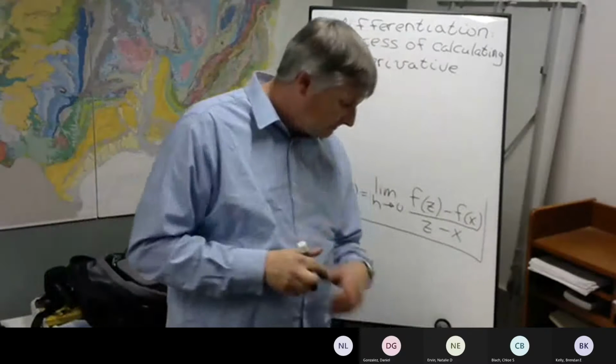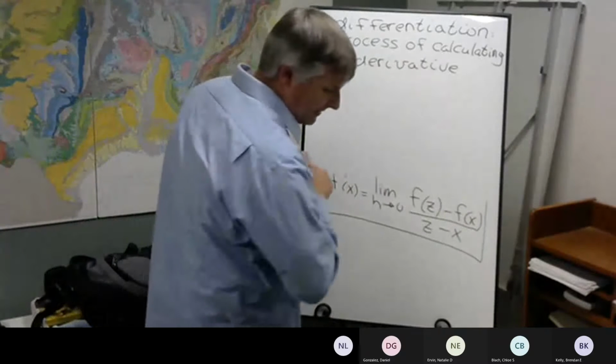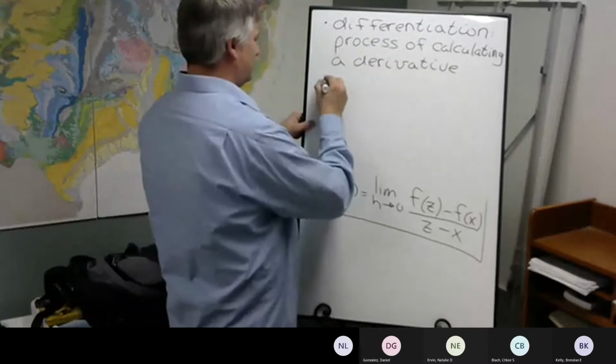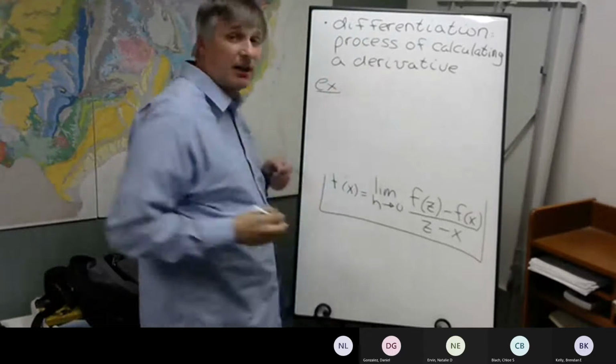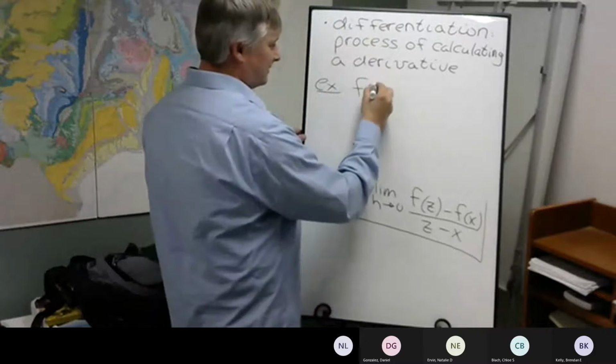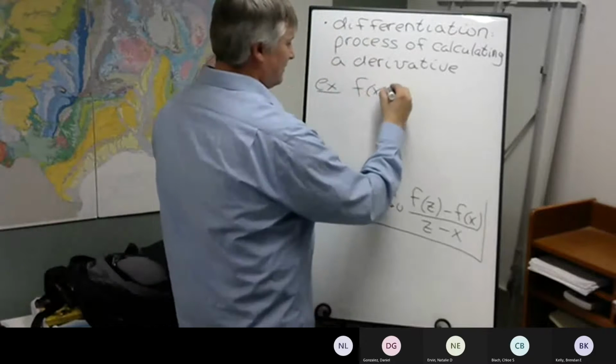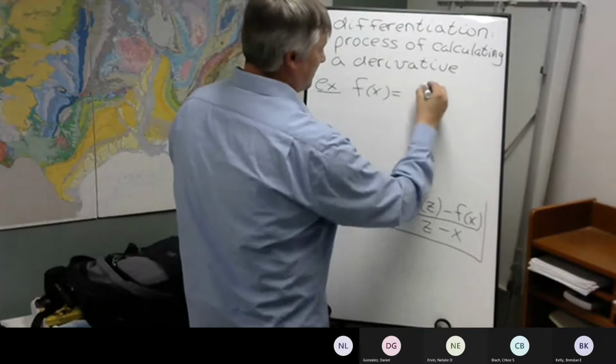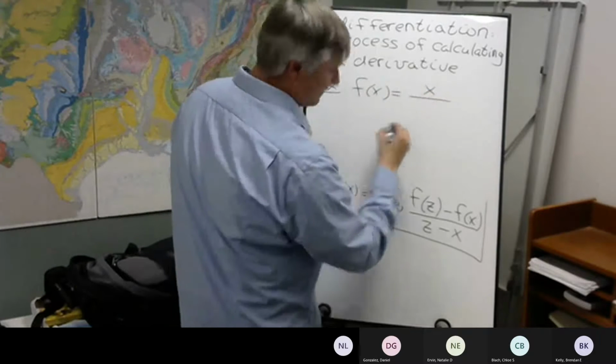So let's do this. Let's say we have, and I'm just going to follow example 1 in the textbook, f of x equals x over x minus 1.